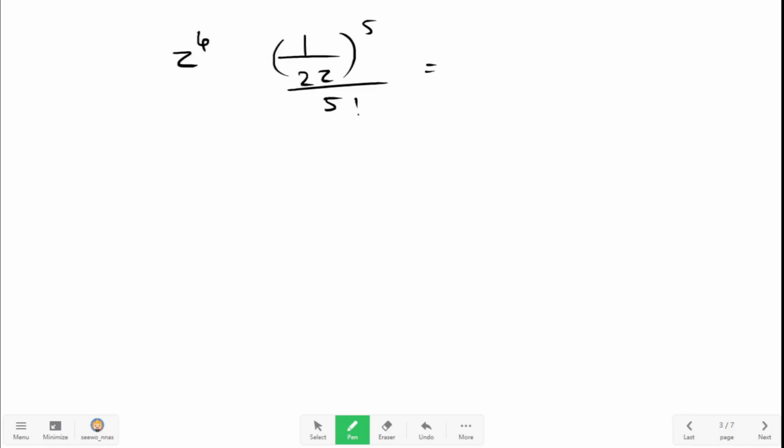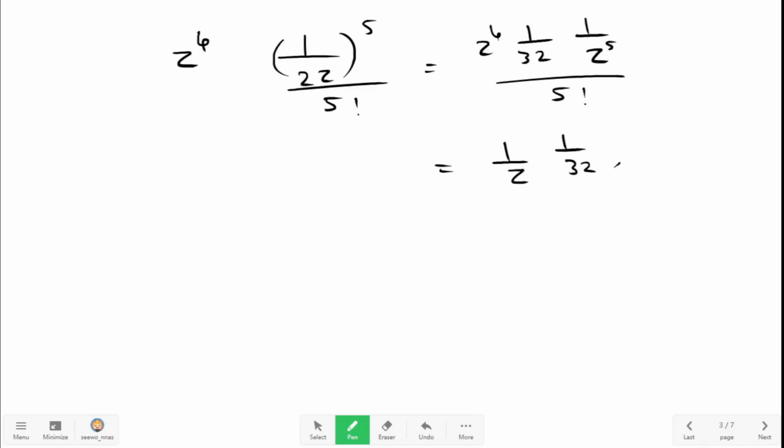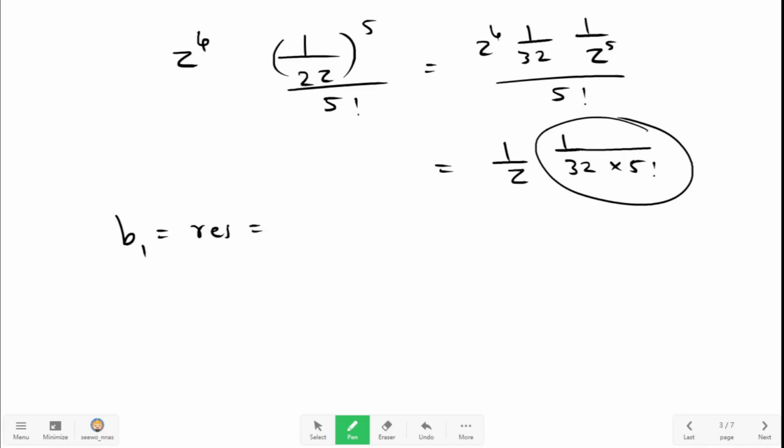This is equal to z raised to 4 times 1 by 32 times 1 by z raised to 5, the whole divided by 5 factorial, which is equal to 1 by z times 1 by 32 times 5 factorial. Therefore, the coefficient of 1 by z is 1 by 32 times 5 factorial. So b1, or the residue of f at z equal to 0, is equal to 1 by 32 times 5 factorial.